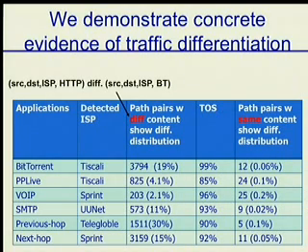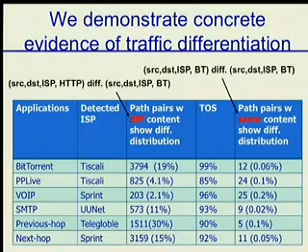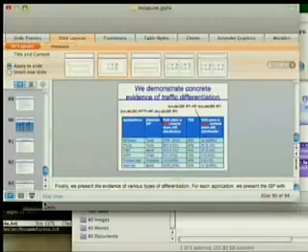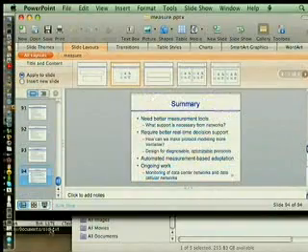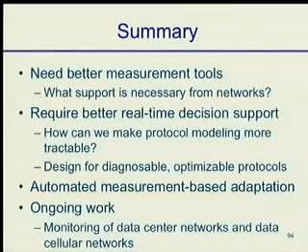Okay, just to summarize, what I've shown you is various probing methodologies which are entirely constructed from the end-host perspective. There is still a lot of research to be done in terms of what measurement tools we can develop given limited support from networks.